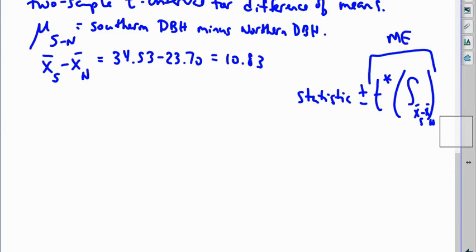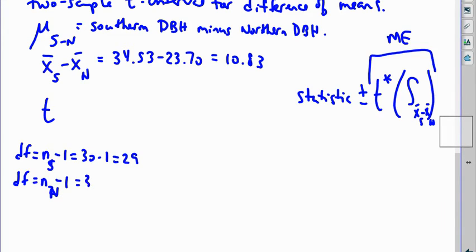But let's go through and find our critical t. So degrees of freedom, well, both groups are n minus 1, 30 minus 1, which is 29. So no matter what, we're going to be using 29.